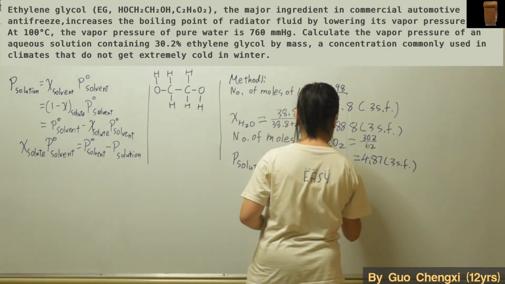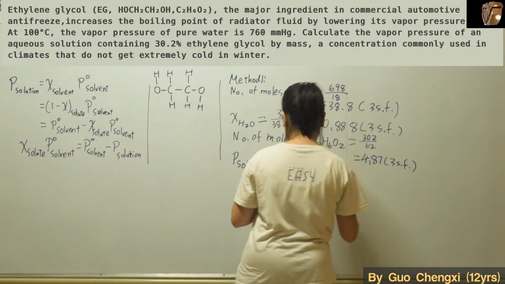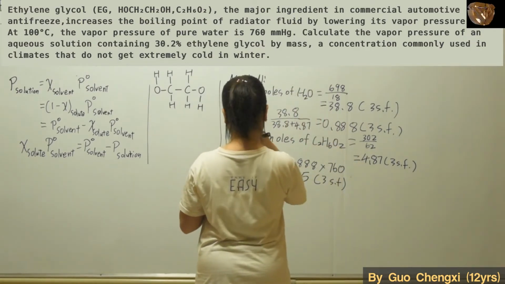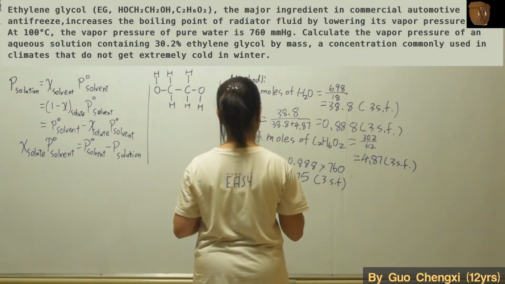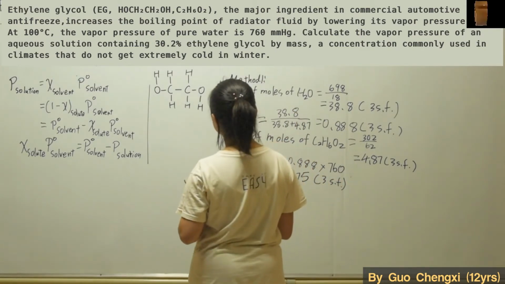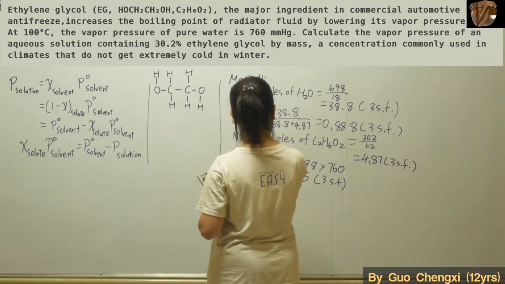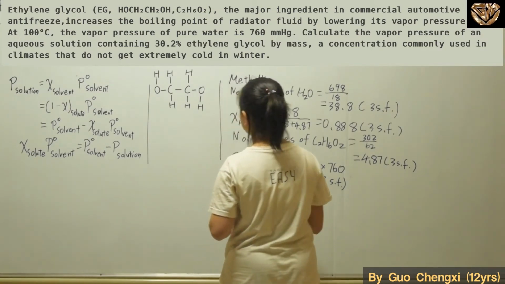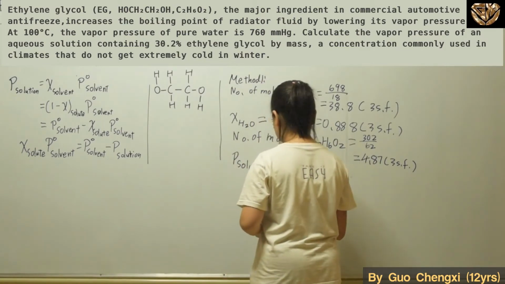Even if it is 674.88, you still have to write it in 3 significant figures. Alright, so for this part, we have now calculated the vapor pressure above the solution.